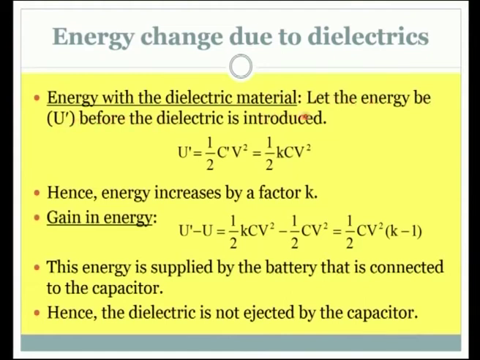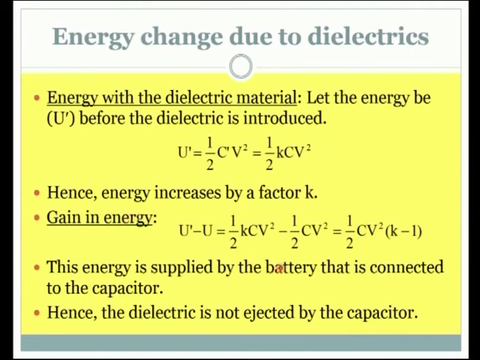C becomes K times C, C dash is K times C. So, what happens in this case? Hence the energy increases by a factor K. Comparing earlier, K was in the denominator, refer to the earlier expression. Now, K appears in the numerator, so it increases. The conclusion is that here the gain is happening.